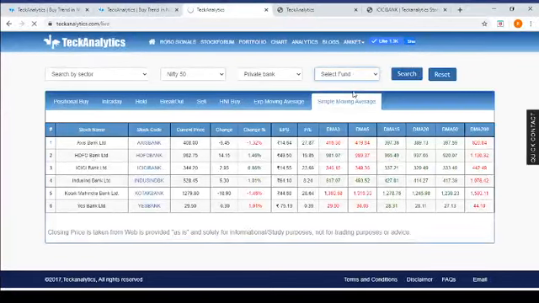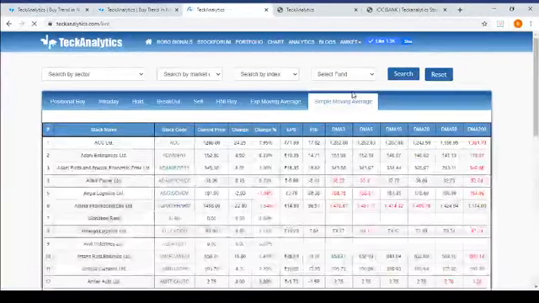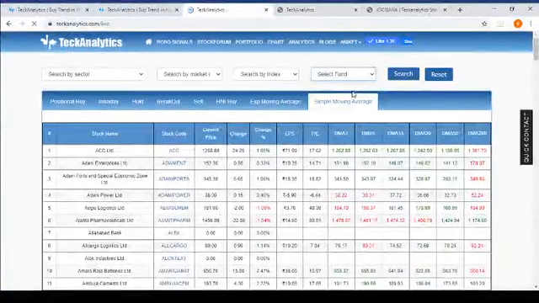So if Axis Blue Chip made any changes in February, March, we may not have that stock listed, but it can be done. So you can play with it. Some people follow a particular mutual fund portfolio. You can browse that, right. Let me click on Axis Blue Chip, for example.